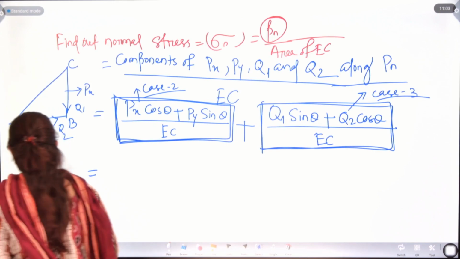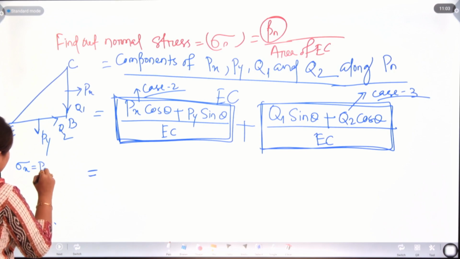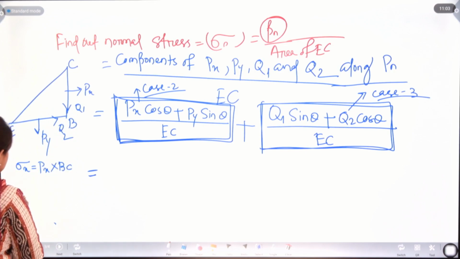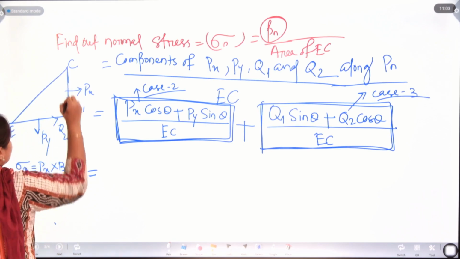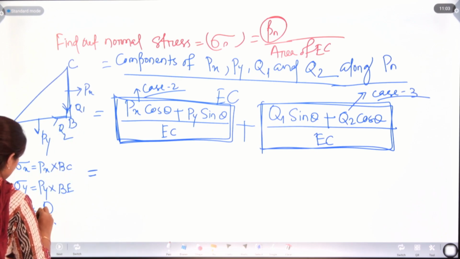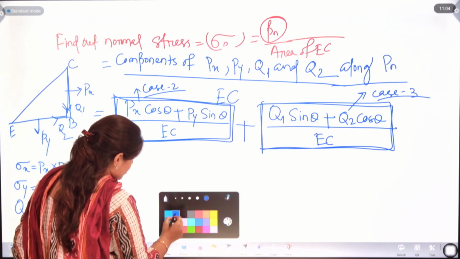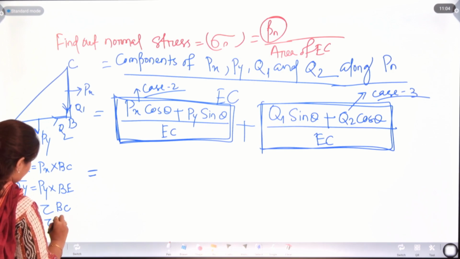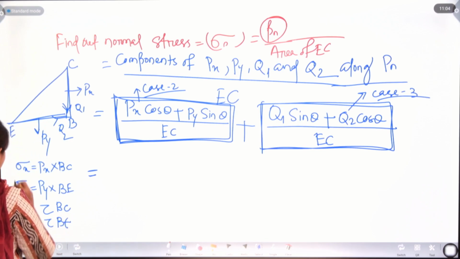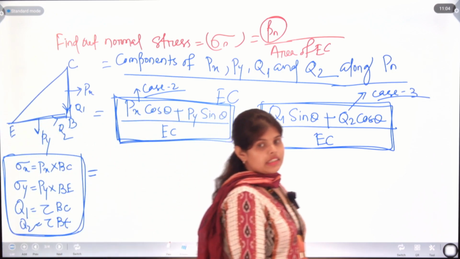Sigma y will be Py into BE. Q1 is acting along the BC plane, so we will take the shear stress tau into BC, and Q2 as tau into BE. We have all the four stresses here.